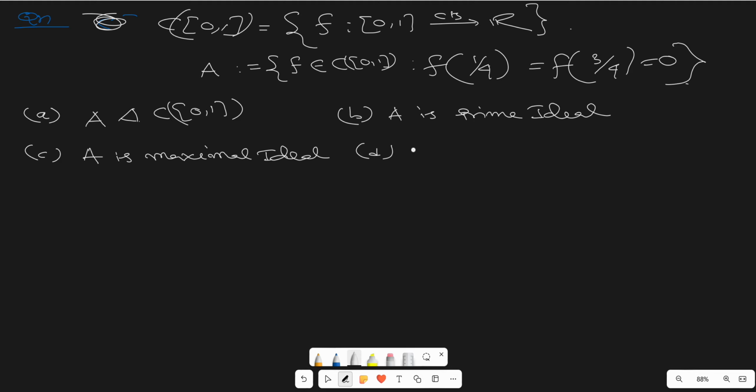And option D is none of the above. Which of the following is or are true? I'm defining a set, and you have to verify whether this is an ideal, or a prime ideal, or a maximal ideal, or none of the above.